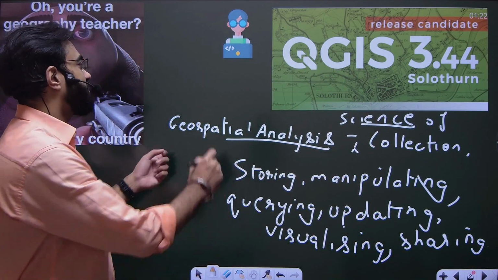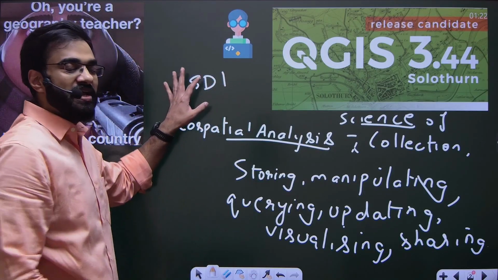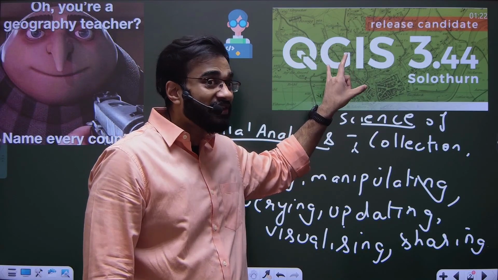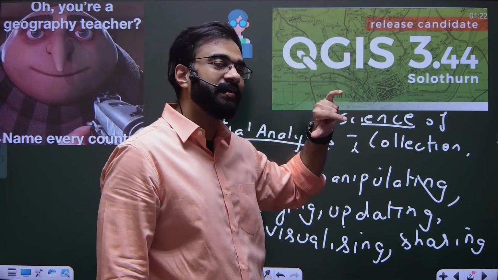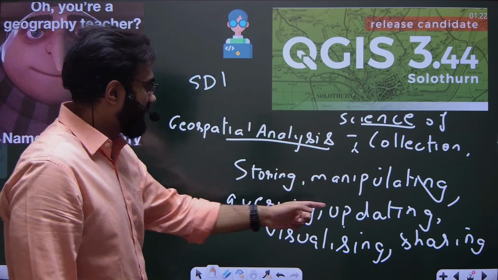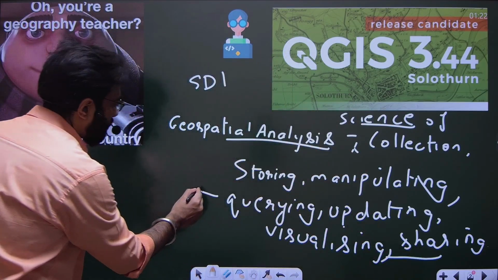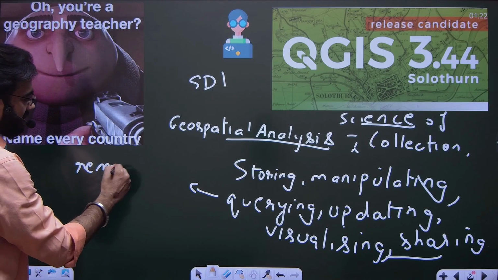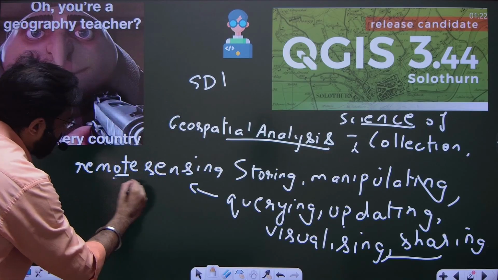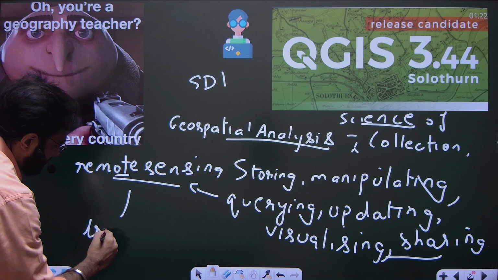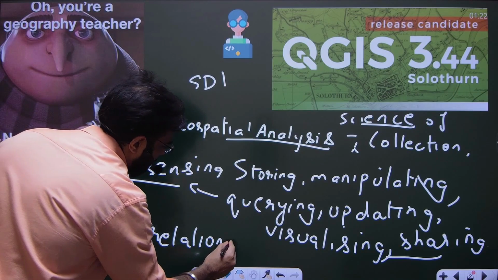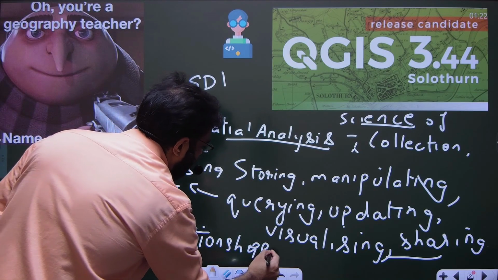You might have heard of concepts like SDI, spatial data infrastructure. My challenge for today's lecture was how to make this lecture, which is highly theoretical, interesting. Last time I introduced a bit of science, I'm going to introduce a bit of maths today. So don't worry. Through technologies such as remote sensing or GPS, to produce relevant trends, relationships, and patterns.